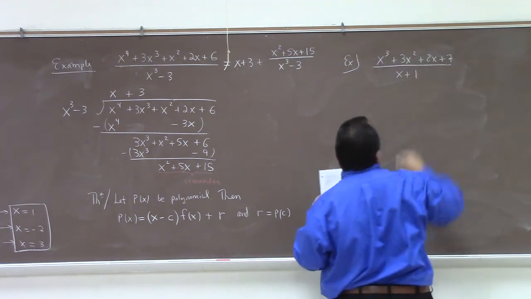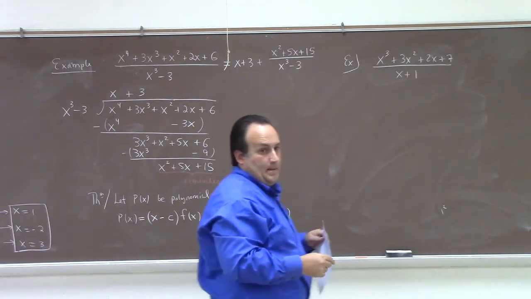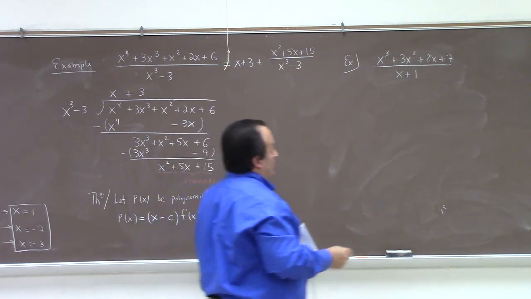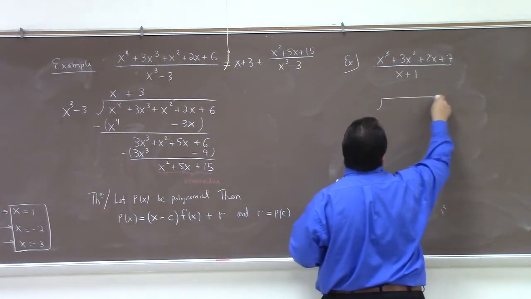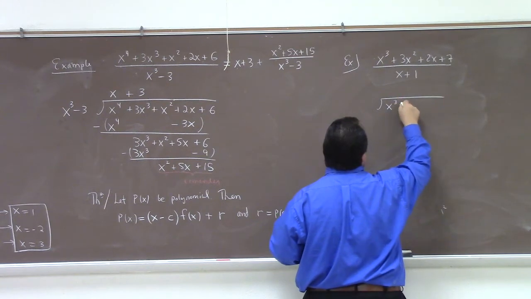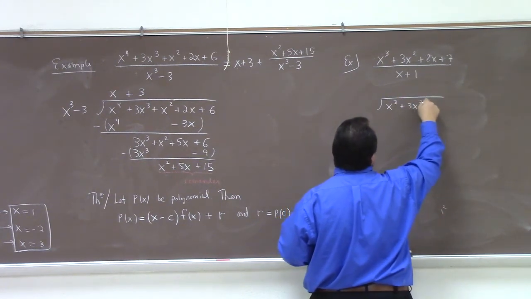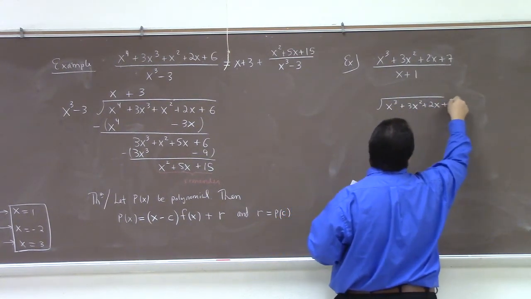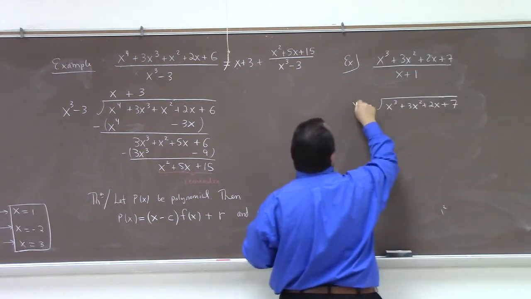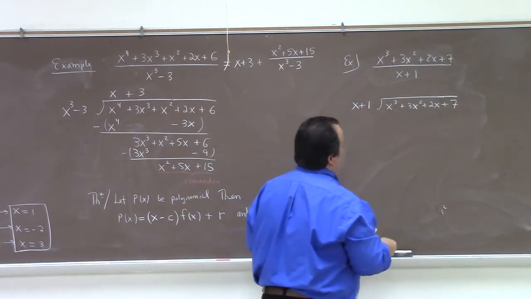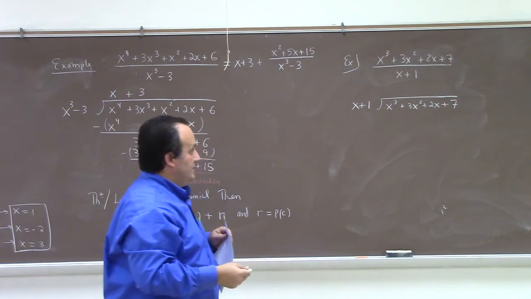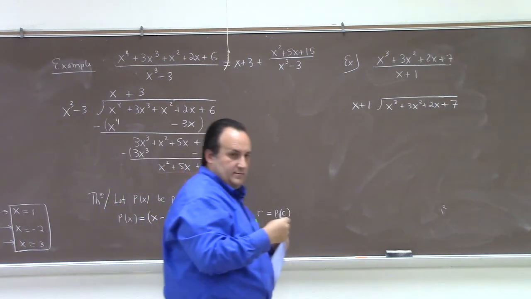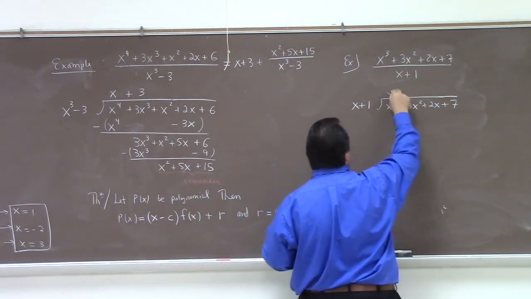All right. So just to give you one more example of these polynomial long divisions. To get x cubed, I have to put x squared.